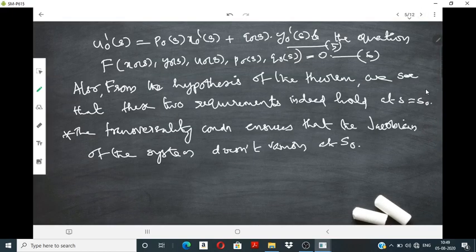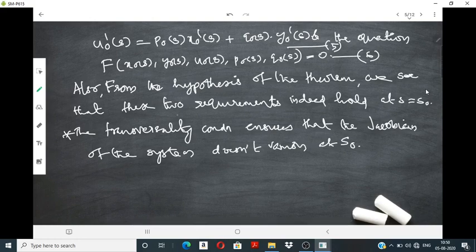That is, it must satisfy the conditions: u naught dash of s is equal to p naught of s into x naught dash of s plus q naught of s into y naught dash of s, and the equation at that point, F of x naught, y naught, u naught, p naught and q naught, equal to 0. So this must be satisfied.